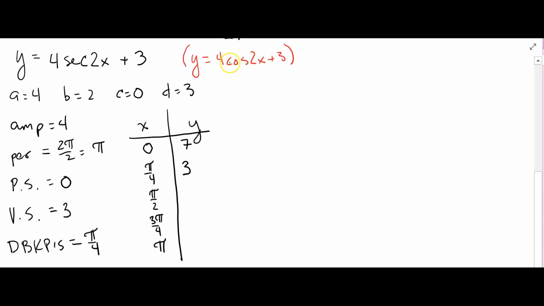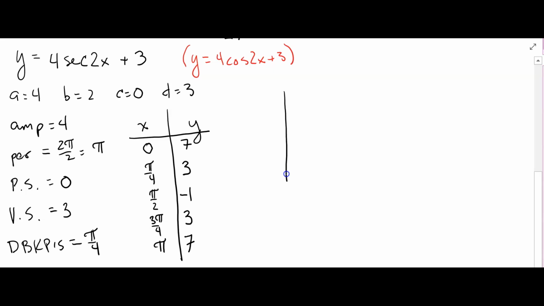So that's 4 times negative 1 plus 3 is negative 1. 3 pi over 4, so that's 6 pi over 4, which is 3 pi over 2. The cosine there is 0, so that's going to be 3. And then cosine of 2 pi is 1, so that's going to give me 7 again.